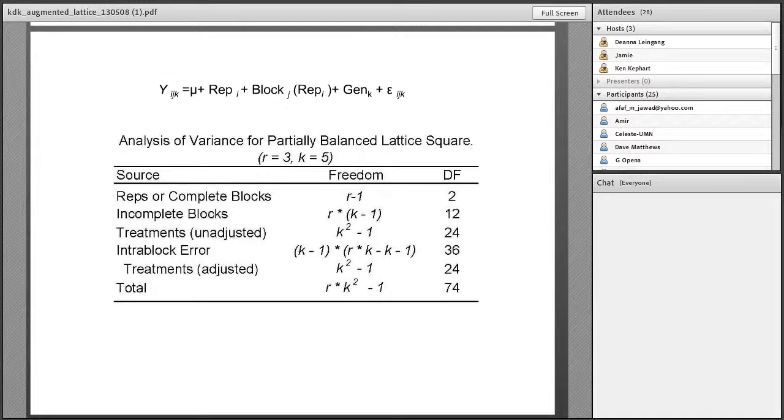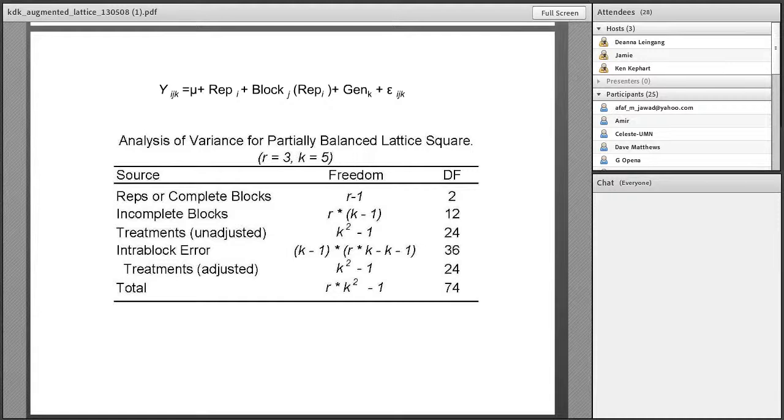You will not have all possible pairing of treatment combinations in those incomplete blocks, and you're going to focus on the occurrence of those treatment pairs within either rows or columns, and then depending on which one you're tracking, you're basically going to ignore the other.